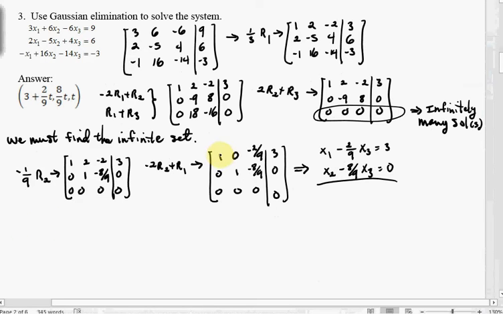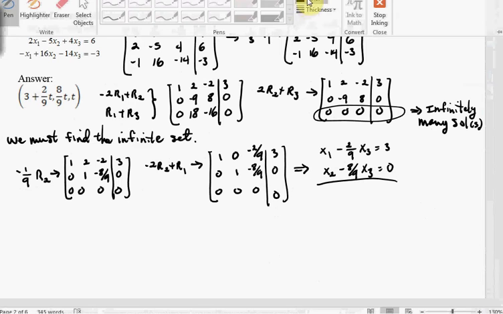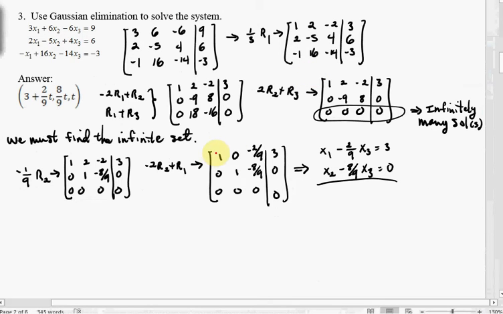If you look at the main diagonal, on the main diagonal where we have 0, that position represents the floating parameter. So x sub 3 is the floating parameter. What does that mean? That means that x sub 3 can be anything.